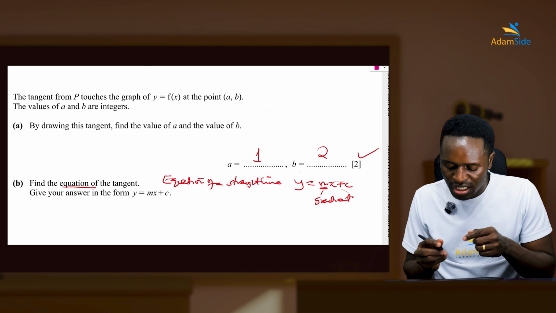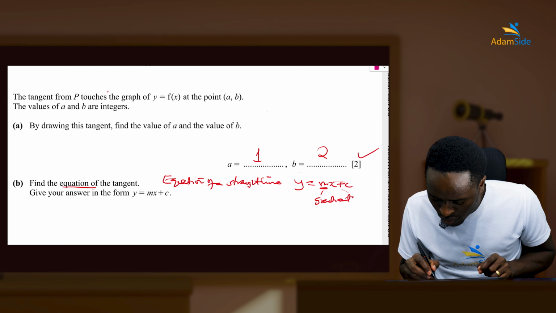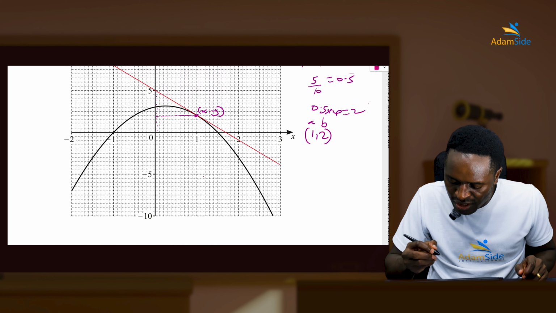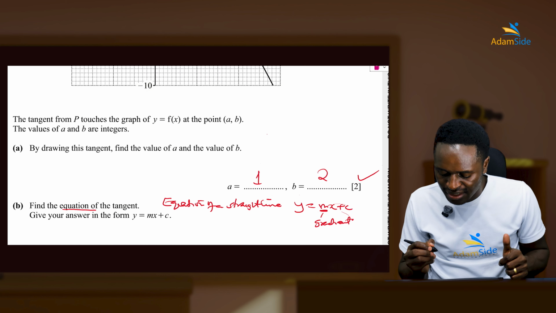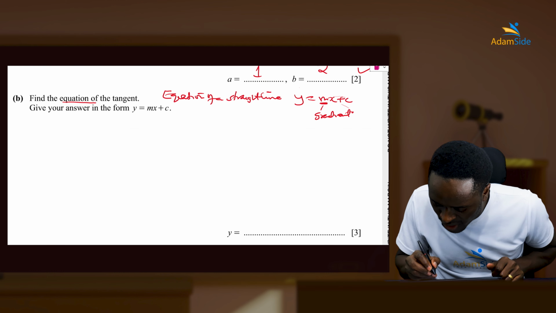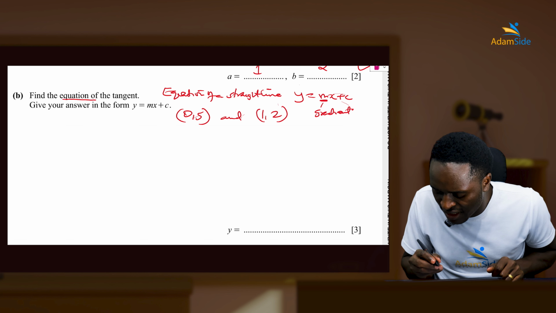We can take one point: our line passes through the point (0, 5) as our y-intercept. So we have this point (0, 5) and we have the point (1, 2), so we can use them to find the gradient.